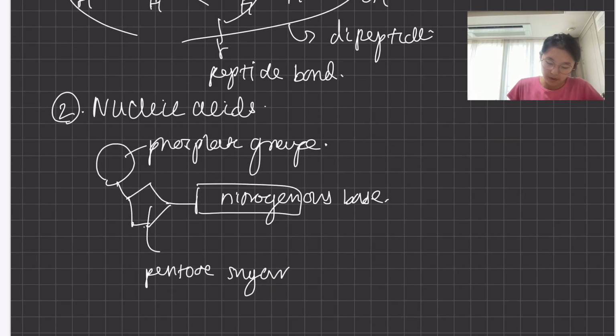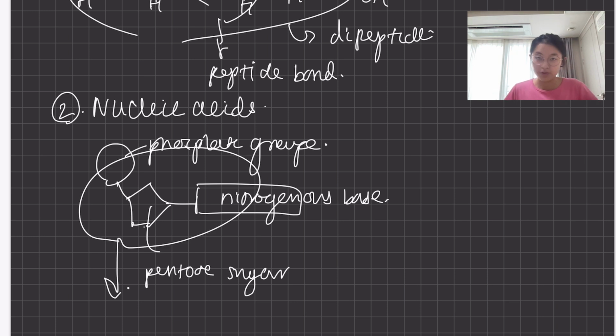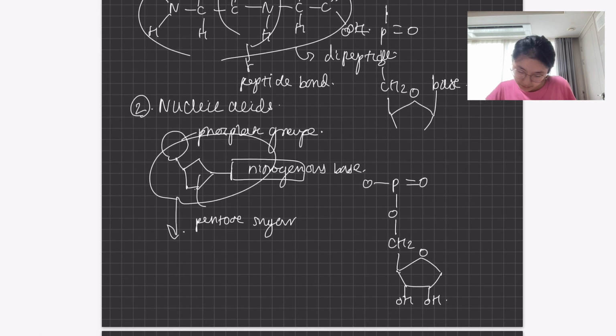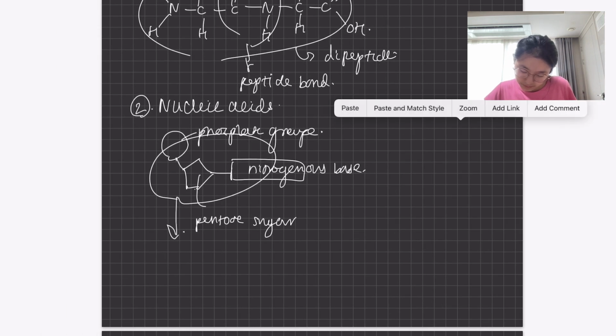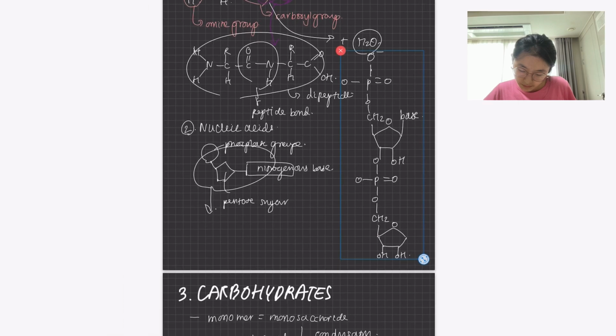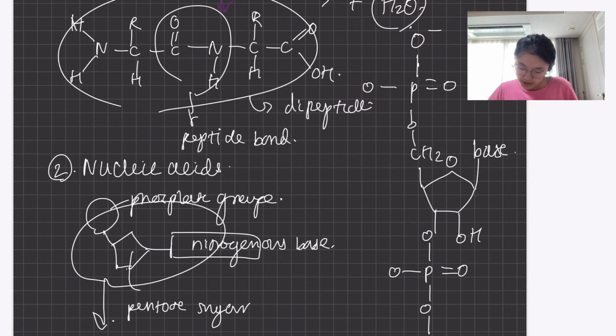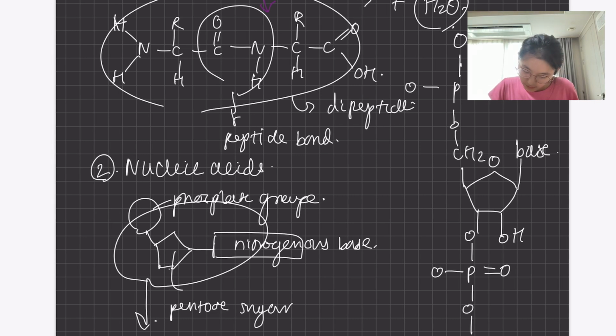Now, what would happen when several of these nucleotides bond together to form one strand? Well, we essentially get a structure that looks kind of like this. So we call each of these bonds an ester bond. And one right here as well.